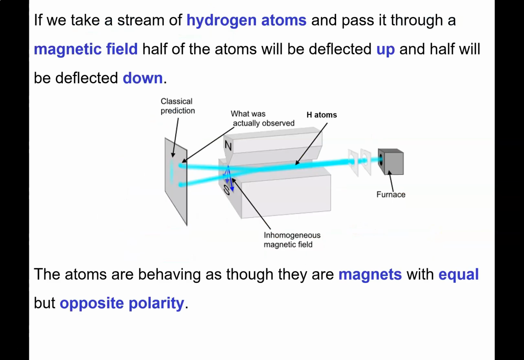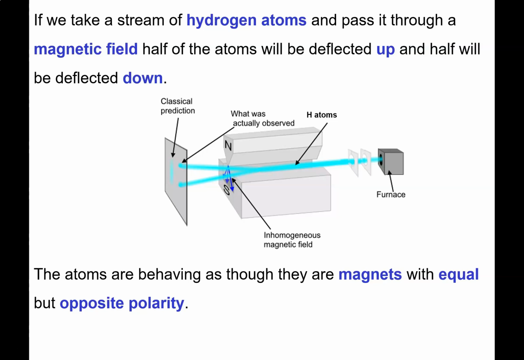Now, it turns out that in order to describe exactly what's happening with the electrons in an atom, we actually have to consider a fourth quantum number. This was discovered through an experiment referred to as the Stern-Gerlach experiment.